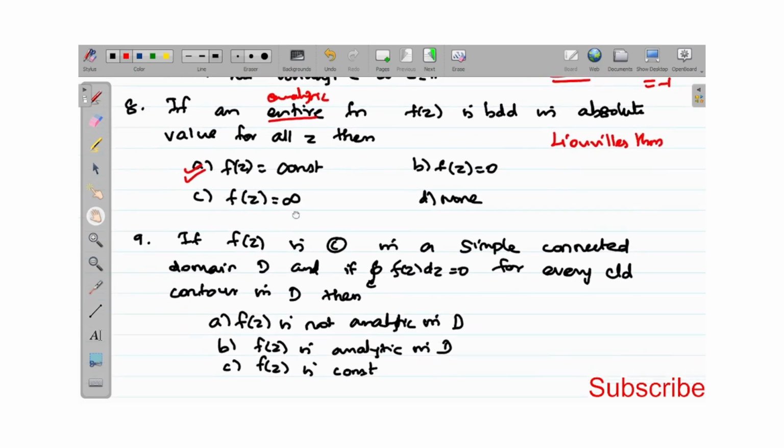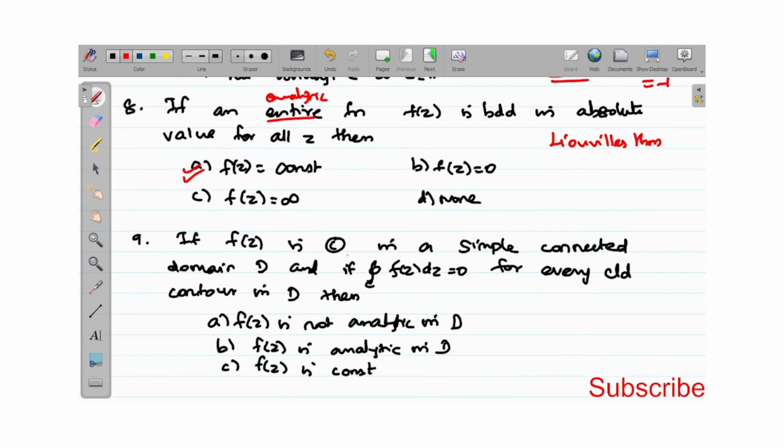Next question, ninth one. If f(z) is continuous in a simply connected domain and if the integral over C of f(z) dz equals 0, then option B, f(z) is analytic in D. This converse is also true. If it is analytic and continuous, then the integral over C of f(z) dz is equal to 0.